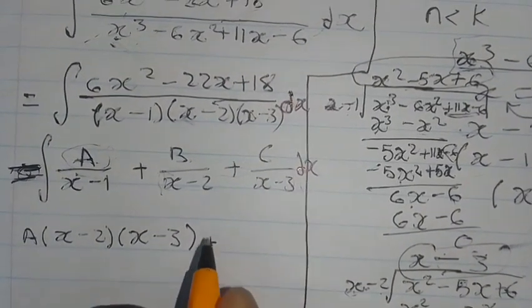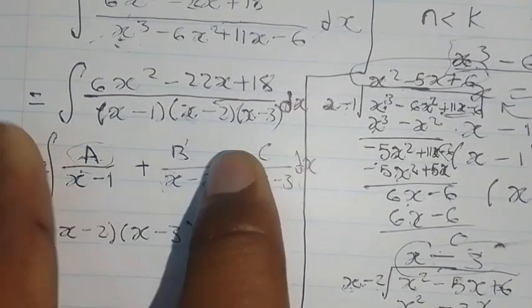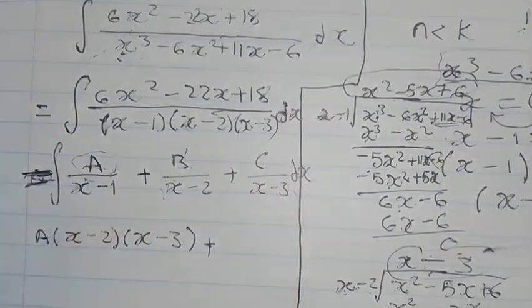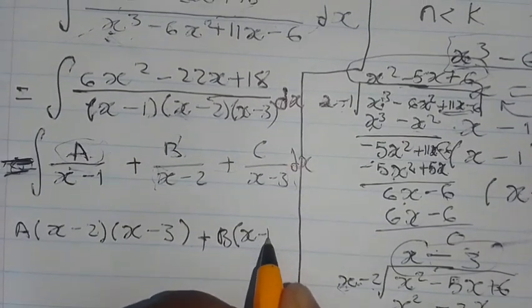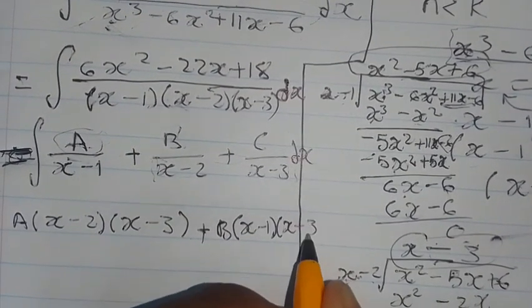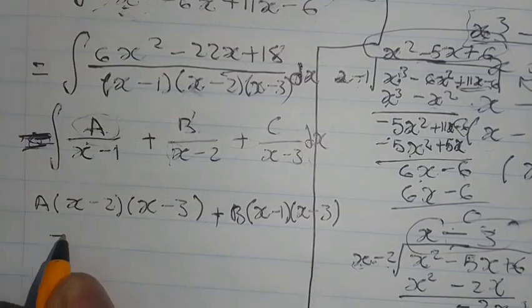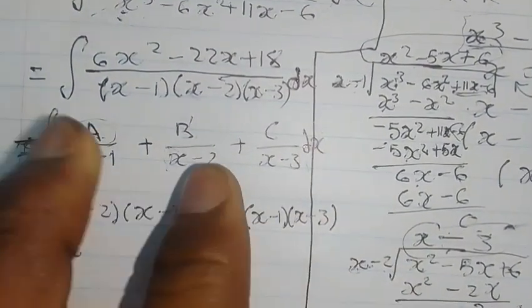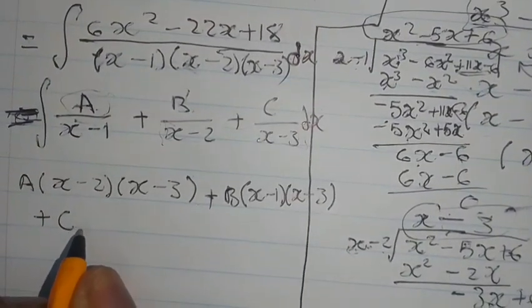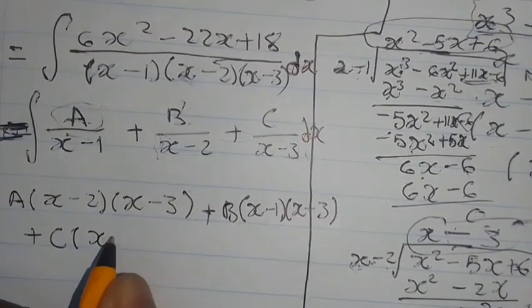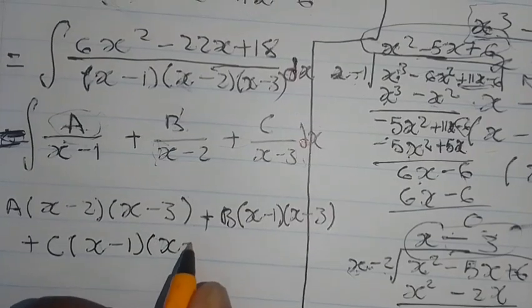Then I'll have plus. For b, you multiply with the other two denominators. Then you'll have b into x minus 1 into x minus 3. Then for c, you multiply by the other two factors. You just basically exclude that one of c. Then you have c multiplied by x minus 1, x minus 2.